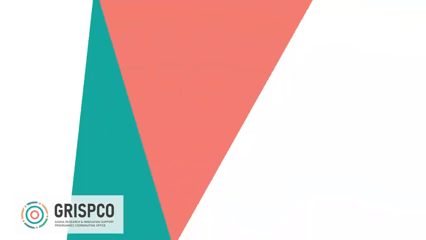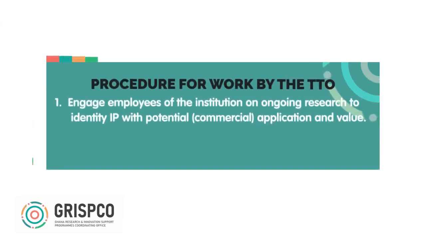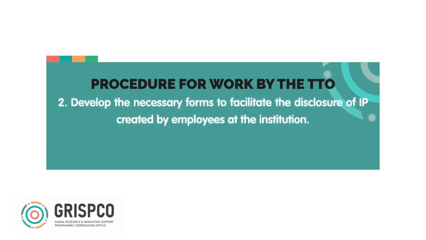Please pay closer attention. For a successful intellectual property management, the Technology Transfer Office must do the following: engage employees of the institution on ongoing research to identify IP with potential application and value. Develop the necessary forms to facilitate the disclosure of IP created by employees at the institution.